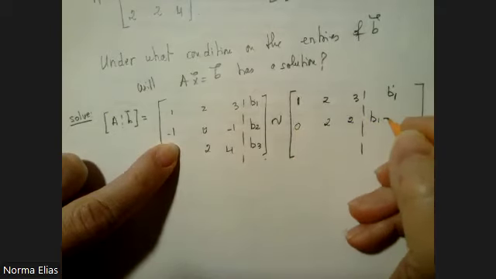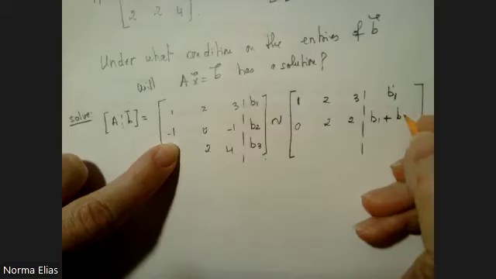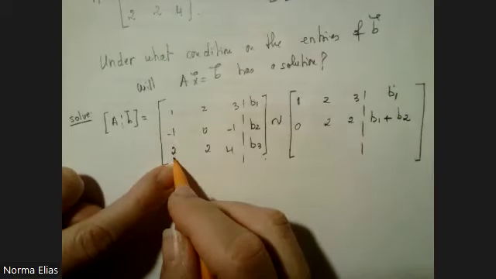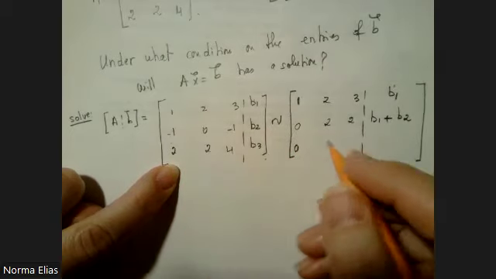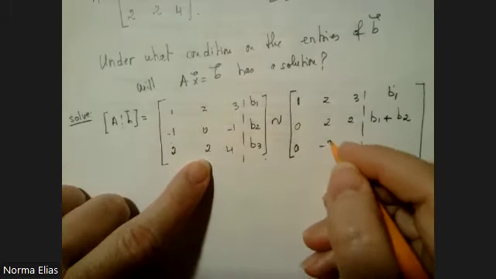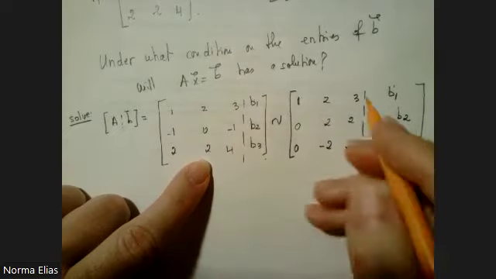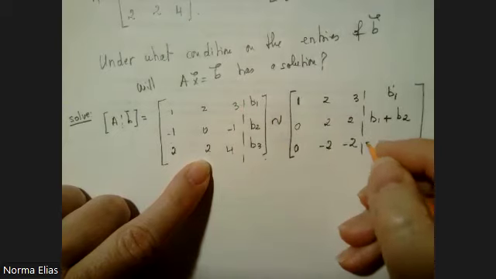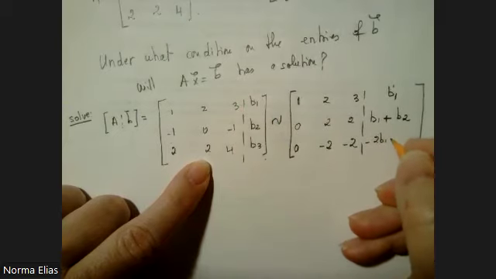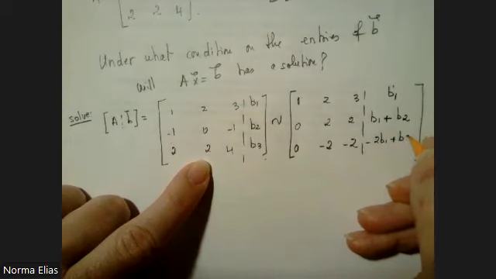So it will give me B1 plus B2. And then here, -2 plus 2, it's a 0. -2, that's a -2. -6 plus 4, a -2. And this would give me -2 B1 plus B3.